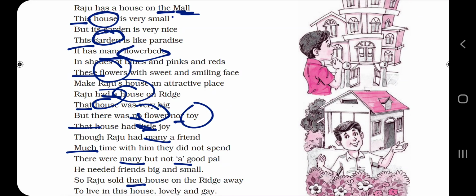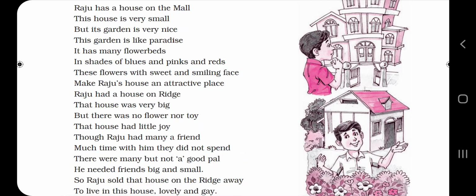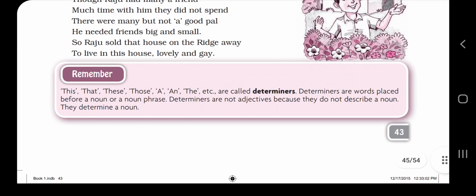Let's understand the underlined words. This is what? Noun. Pal is a noun. This friend's house is a noun. Okay, let's move to the next part and you will get to know more about the chapter.